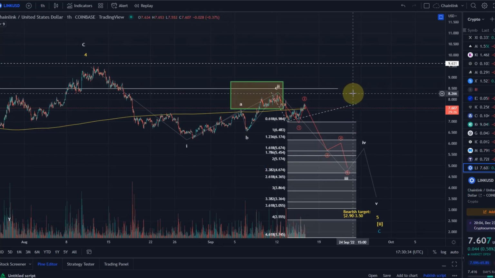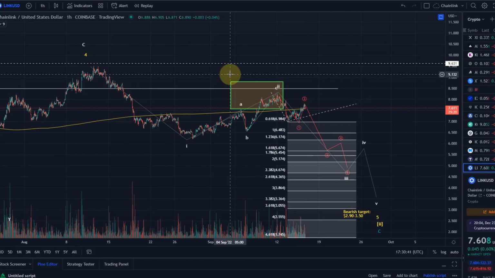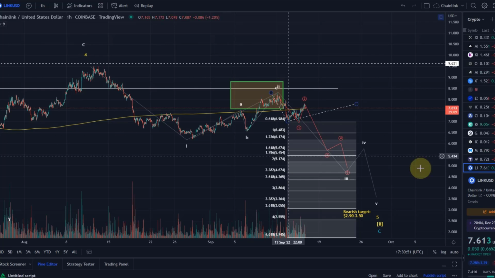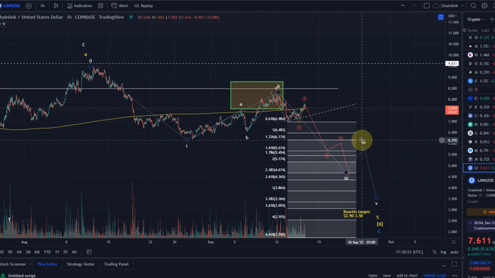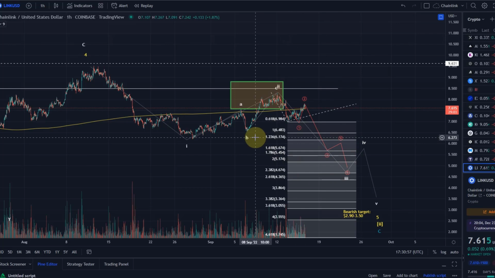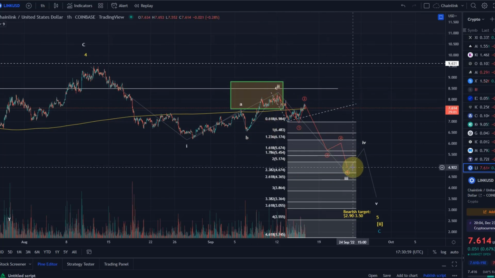This would be a target where I would say the overall correction for Chainlink could end in the current scenario. As I said, if we move above $8.32, things might change a little bit, and if we move above $8.82, we need to seriously consider the bullish scenario further. Yeah, and that is my view. Maybe one more point: if we come down here in this scenario as it is, this target remains.